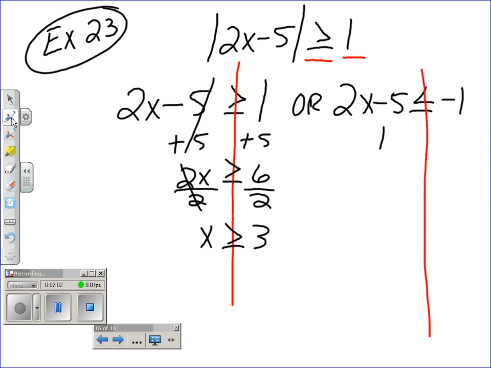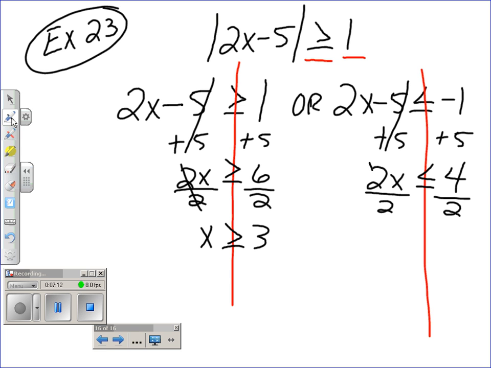Over here we add 5, 2x is less than or equal to 4. Divide that 2 off, and x is less than or equal to 2. And we've solved our inequality. We just haven't written the answer the way they want us to write it. So let's do that.